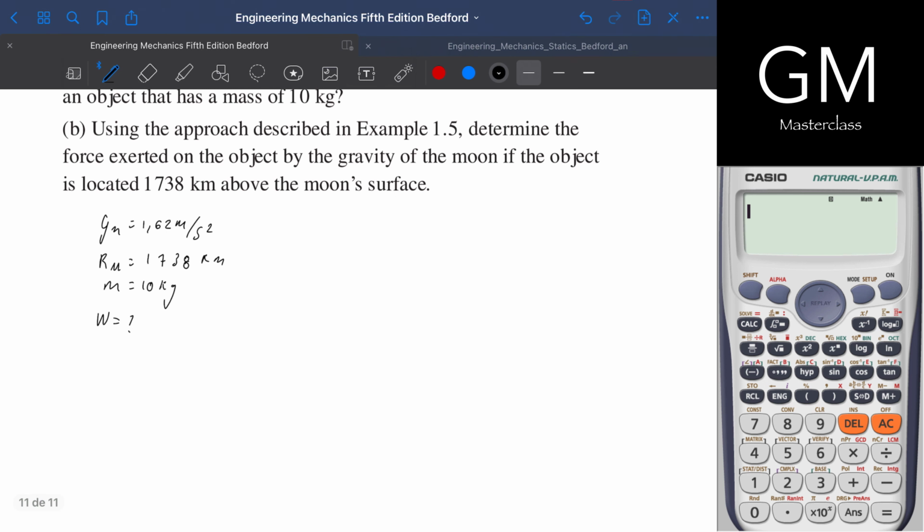And B, determine the force exerted, so I'm going to call that Fe. And then I have an extra length of 1,738 kilometers.